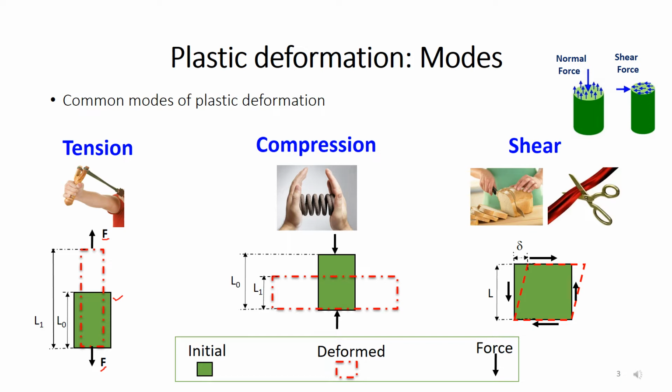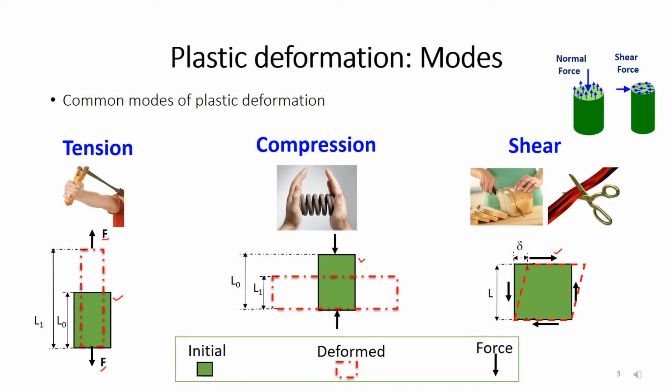But if you are applying force such that the effect of that force is to compress the material or decrease its dimensions, say this length has been decreased from L0 to L1, then it is known as the compressive force. And there are shear forces: if you are applying a force which is parallel to the cross-sectional area, and the effect of the force is to change the shape of the object, that is known as the shear force.